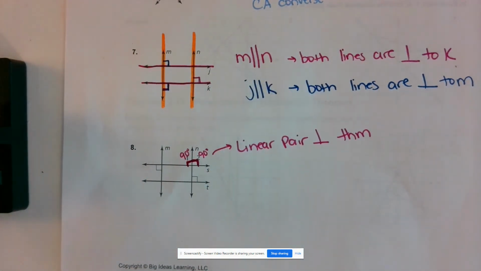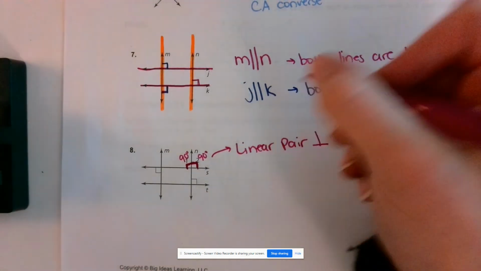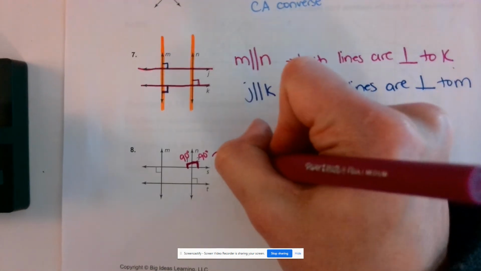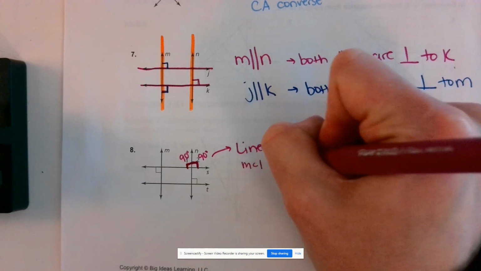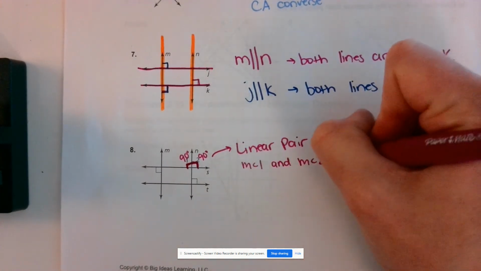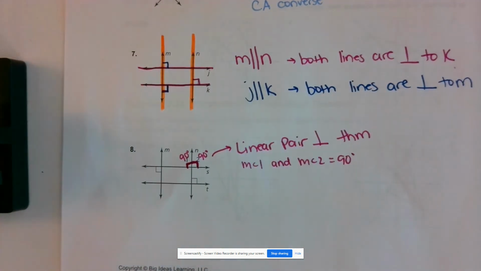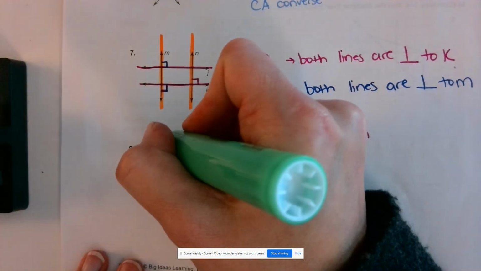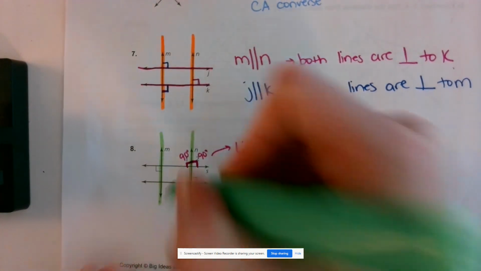So I'm just going to add in my picture that these are right angles. The measure of angle 1 and the measure of angle 2 equal 90 degrees. So these are 90 degrees. So this might help us now determine if any of the lines are parallel to each other. So let's look at lines M and N first.